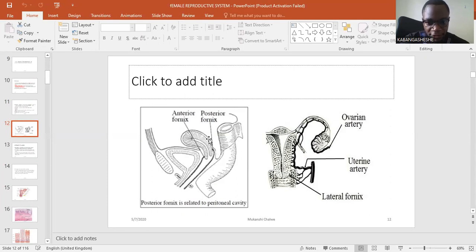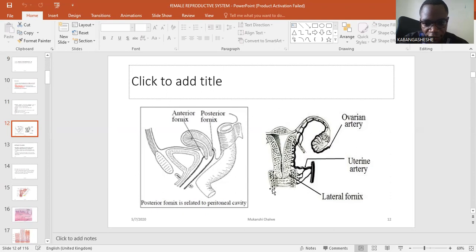Then the uterus and its inferior end, which is the cervix, enters into the vagina. That gives us dilations in the distal end of the vagina. We call those fornices if plural, or fornix if singular. So there's the anterior fornix and posterior fornix.